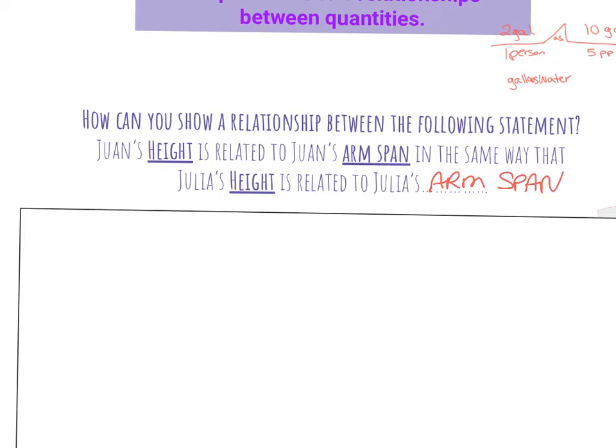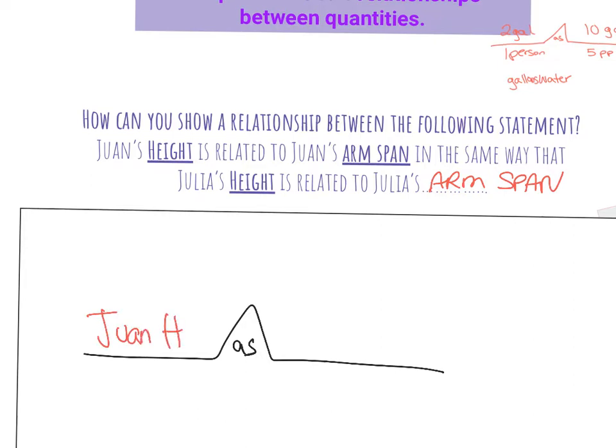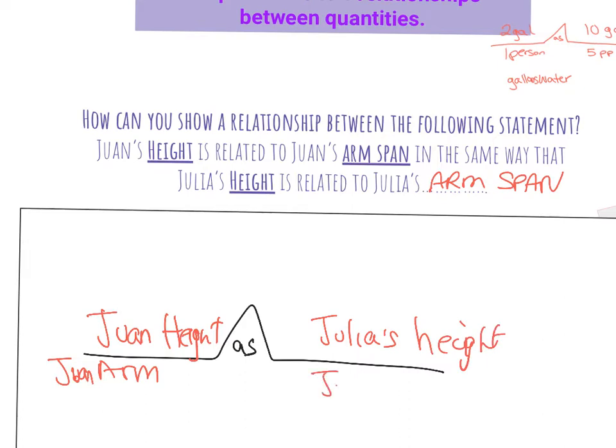And so how could I show this visually with a visible thinking? We would say Juan's height is related to his arm span as Julia's height is related to Julia's arm span.